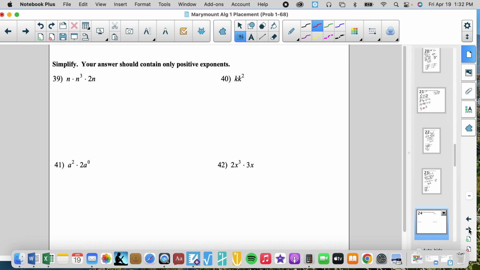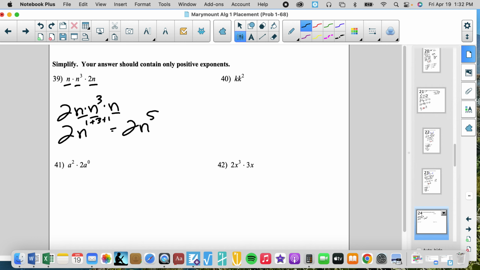Now you're back to your comfortable problems. We have like bases being multiplied. We have that coefficient, then we have n times n to the third times n. When we have like bases and we're multiplying, we add their exponents. So we get 2n to the fifth.